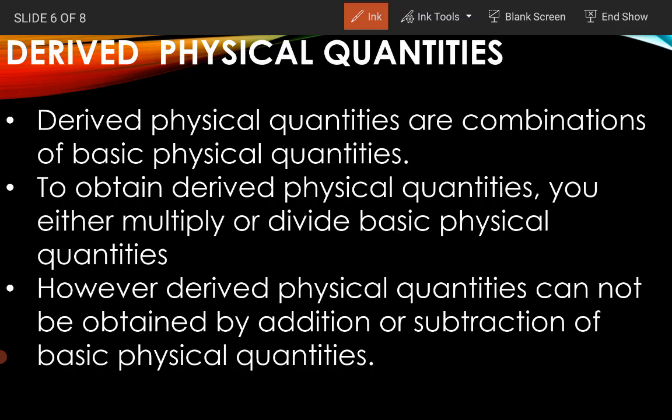Another derived quantity is force. Suppose we have a body which is being moved in a certain direction by applying a force F, assuming that the body has a mass of M. We want to determine the magnitude of the force.